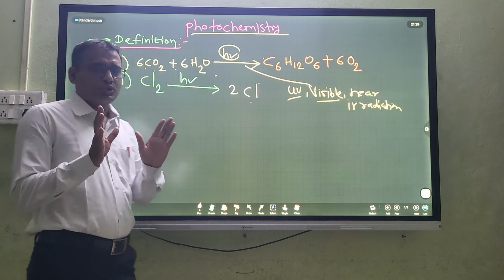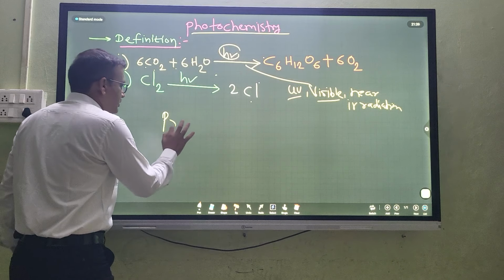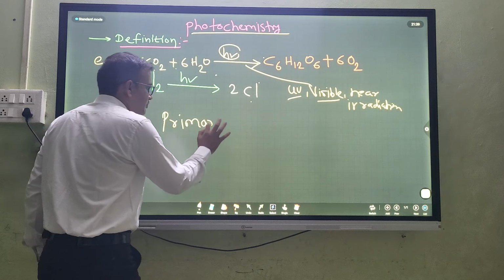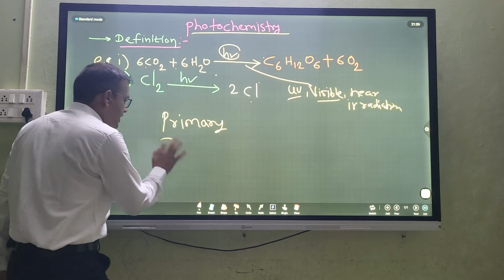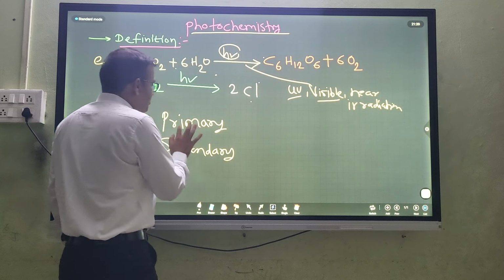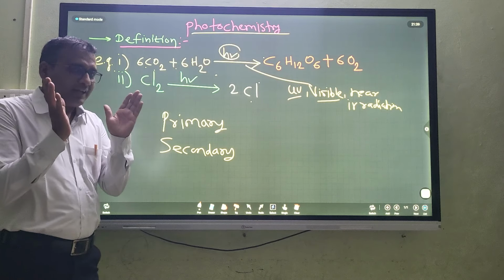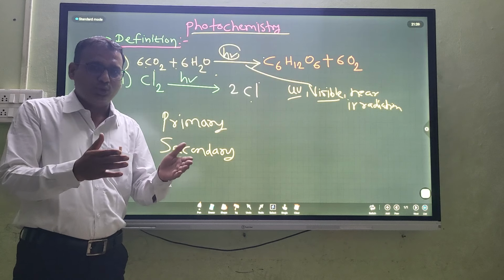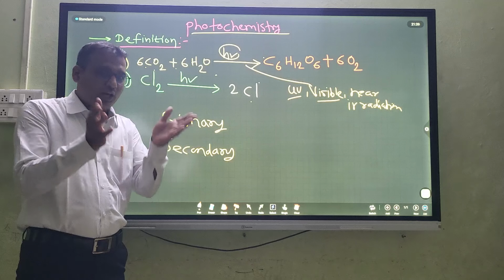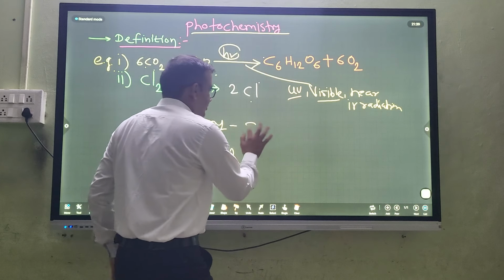In photochemistry, there is a two-step process. One step is the primary process, and the second is the secondary process. In the primary process, what happens is that when light radiation is incident on molecules, the electronic state can be excited.